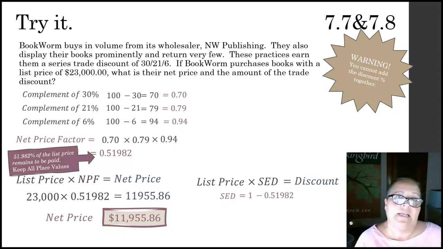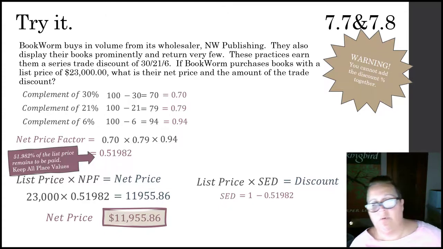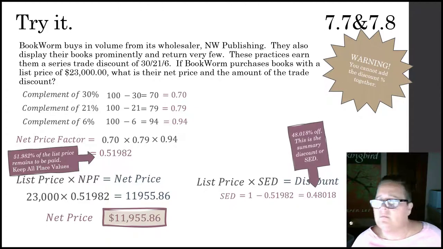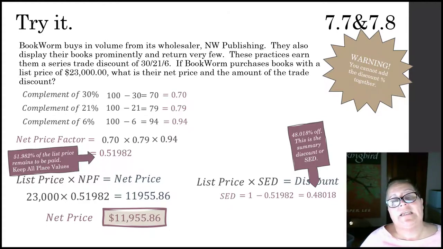So the single equivalent discount can be found by doing 1 minus 0.51982, or 0.48018. This tells me that 48.018% was taken off of the original list price. This is my summary discount, or the single equivalent discount.